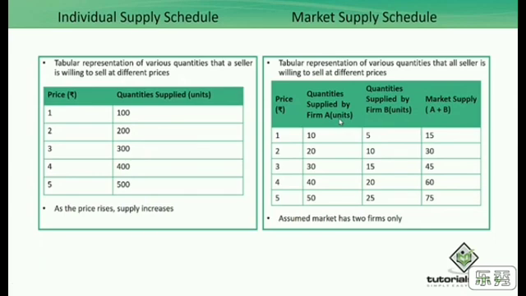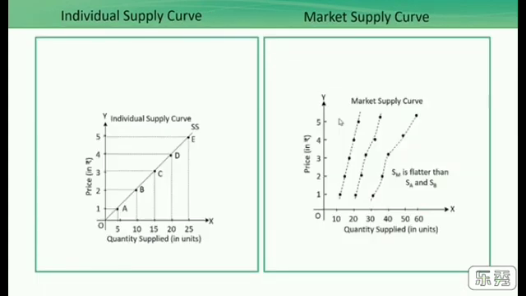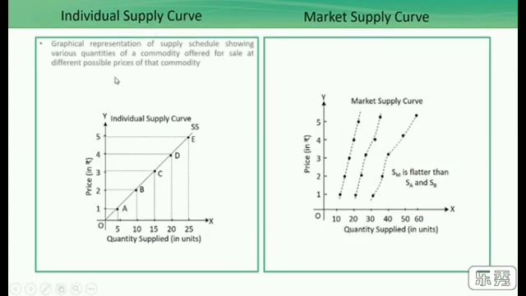Now let us see how the individual supply curve and market supply curve look. This is how the individual supply curve looks. This is nothing but the individual supply schedule which we saw in the previous slide, and that is what has been depicted here.